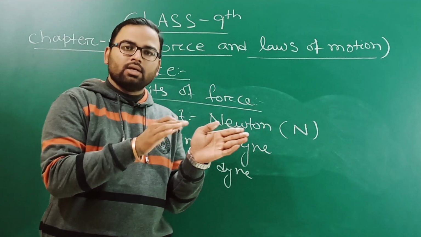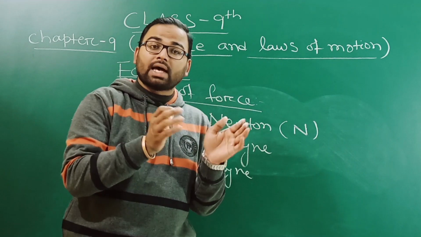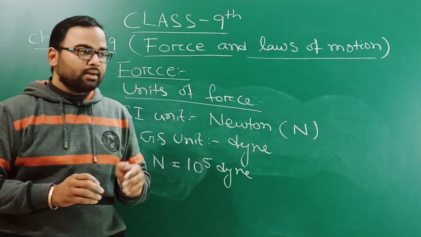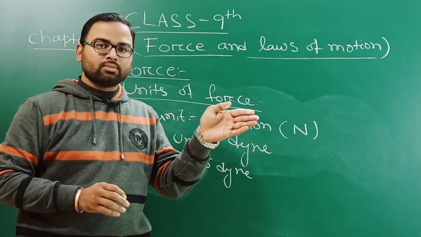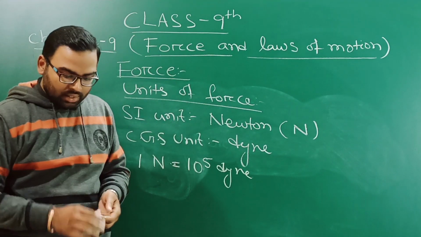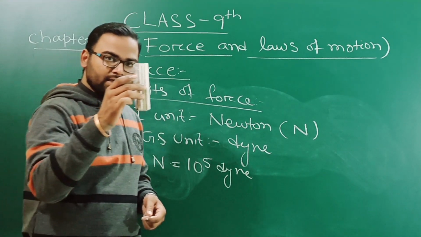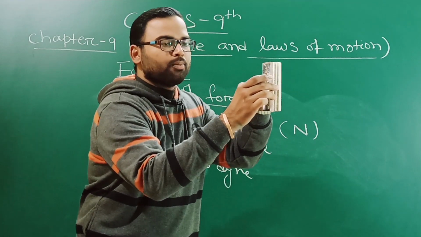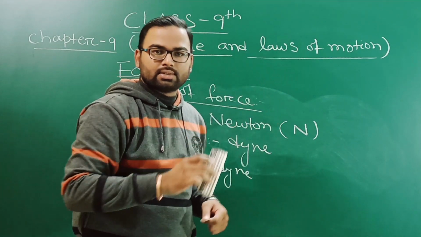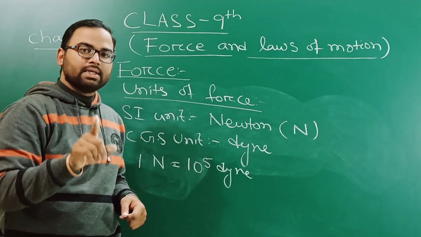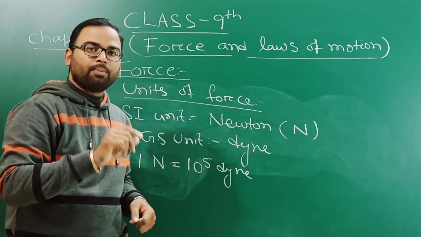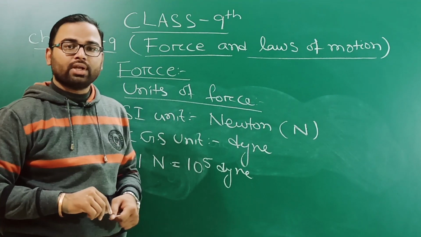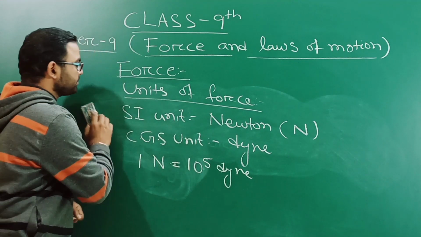So force can change the shape or size of the object, and it can produce a motion and direction also. If this body is moving like this and I give a force in this direction, then the body will move like this. So force can change the size, shape and direction of an object.